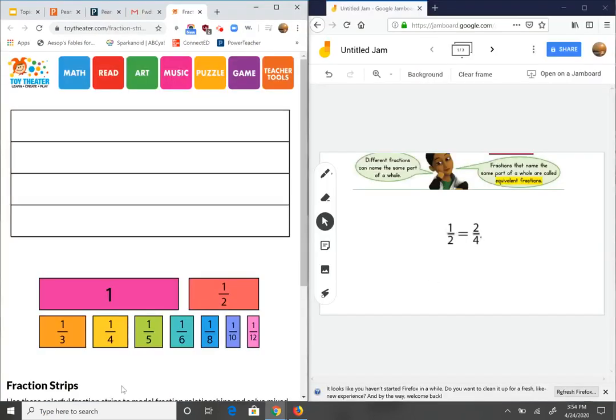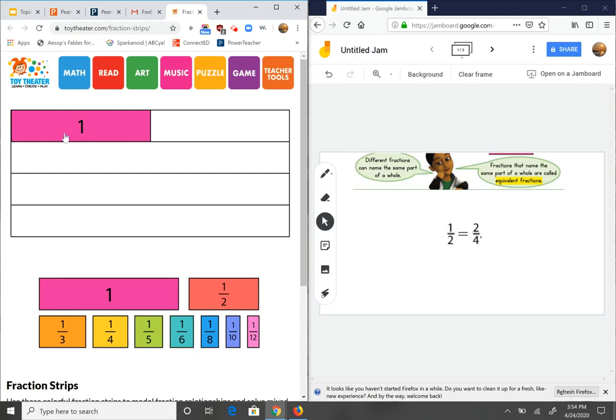I'm on it! I'm back to show you how you can use this interactive tool to figure out how certain fractions have equivalent fractions. So we're going to begin with the one whole, okay? And over here, I'm going to show you that different fractions can name the same part of a whole, and fractions that name the same part of a whole are called equivalent fractions. So we're going to look at how 1/2 is equal to 2/4.